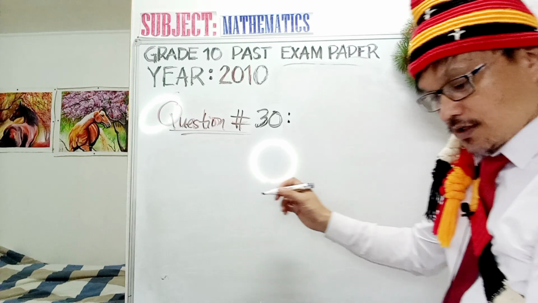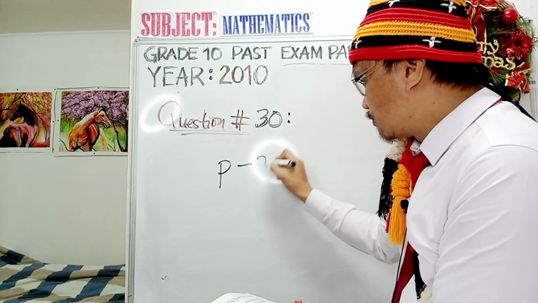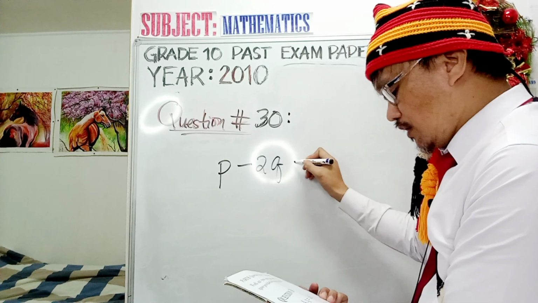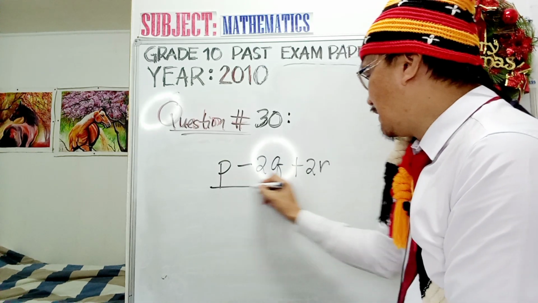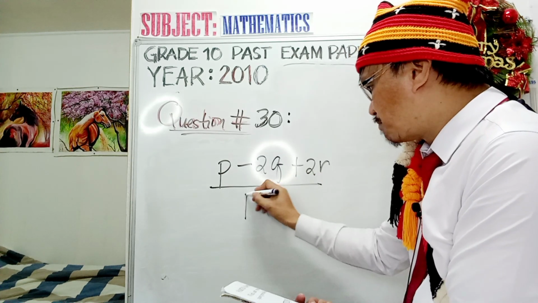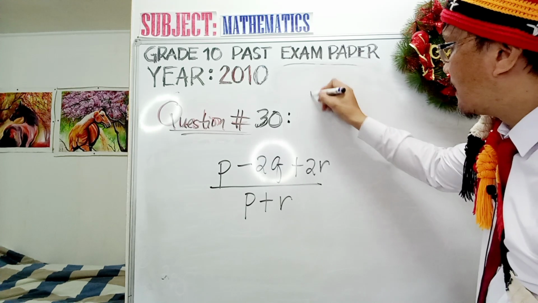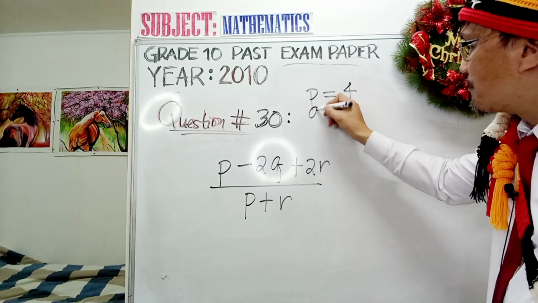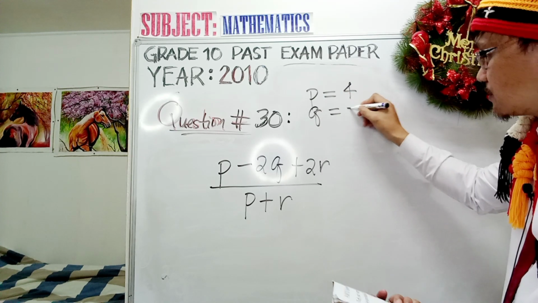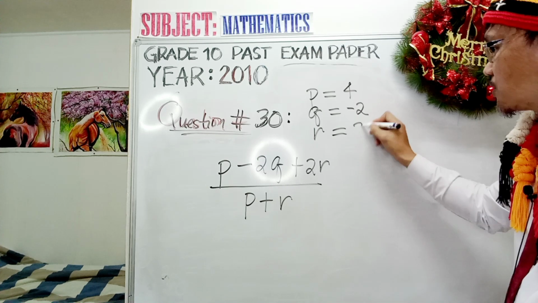Okay, so let's now rewrite this one. Ladies and gentlemen, we have P minus 2Q plus 2R, divided by P plus R, where the value of P is equal to 4, the value of Q is equal to negative 2, and the value of R is equal to 3.